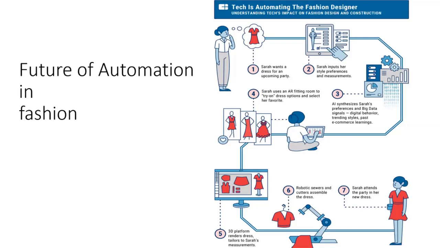And after that, the ready-to-wear dress a customer can wear to the party, and can go to the party in her or his new clothes. It's a quite impressive process that awaits us in the future. At least we hope that it will be like this.